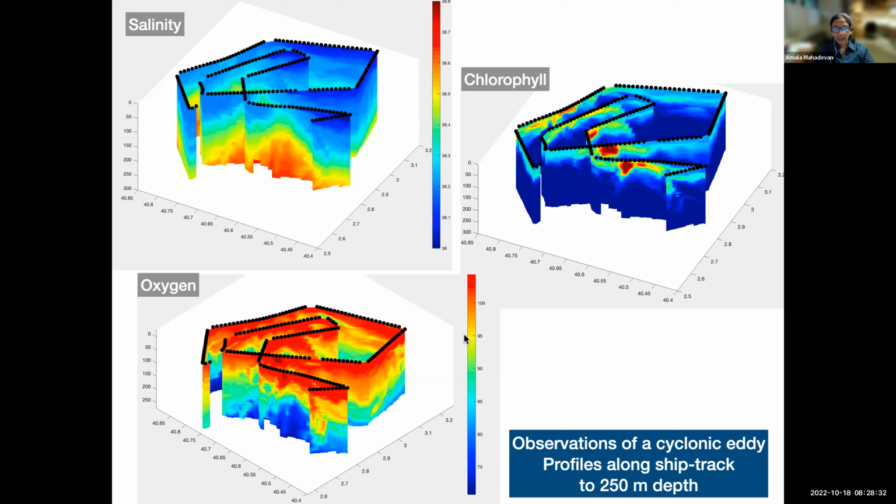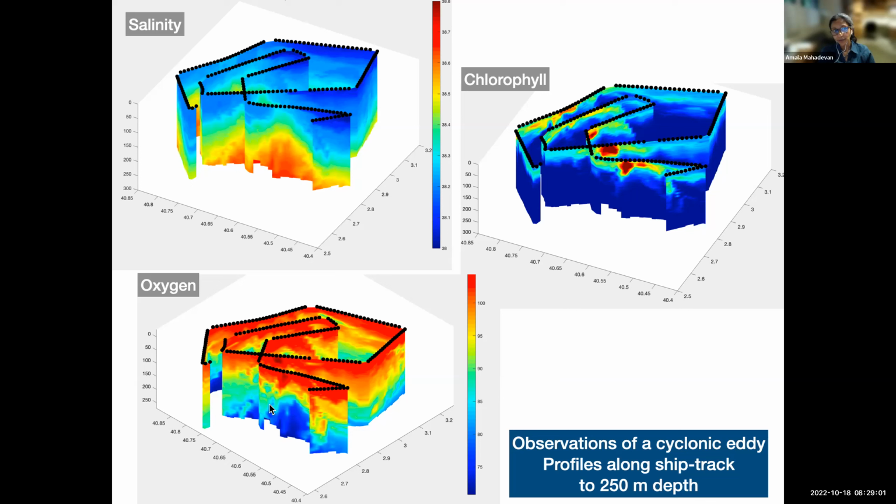And you can also see them in oxygen. So oxygen is high, again, in the surface mixed layer. It's supersaturated because of chlorophyll, but at the sides or along the flanks of these eddies, you can see these intrusions or subducting features. So this is an example of how vertical velocities are affecting the transport of biogeochemical tracers, chlorophyll, oxygen, but it's very important to remember that these things are happening in 3D.